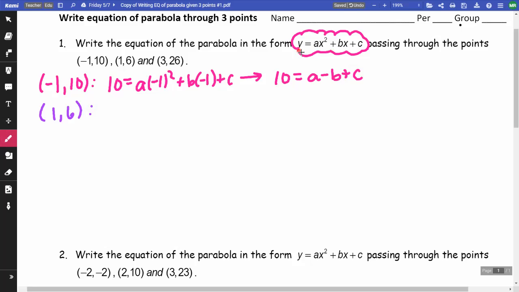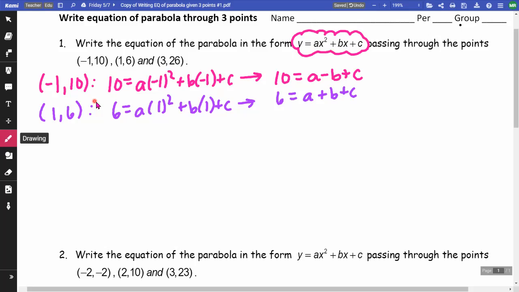I'm going to put that in for my y and my x's. And so I'm going to get 6 is equal to a times 1 squared plus b times 1 plus c. And when I clean that up, I get 6 is equal to a plus b plus c.